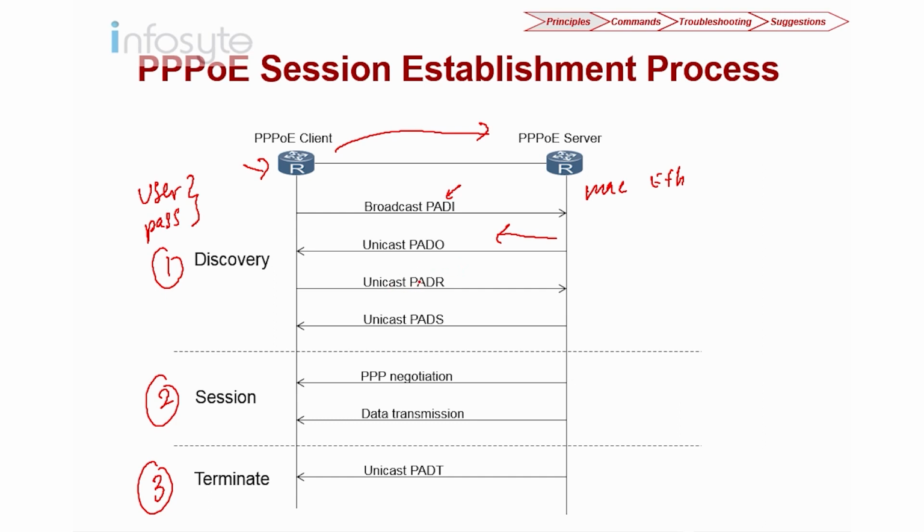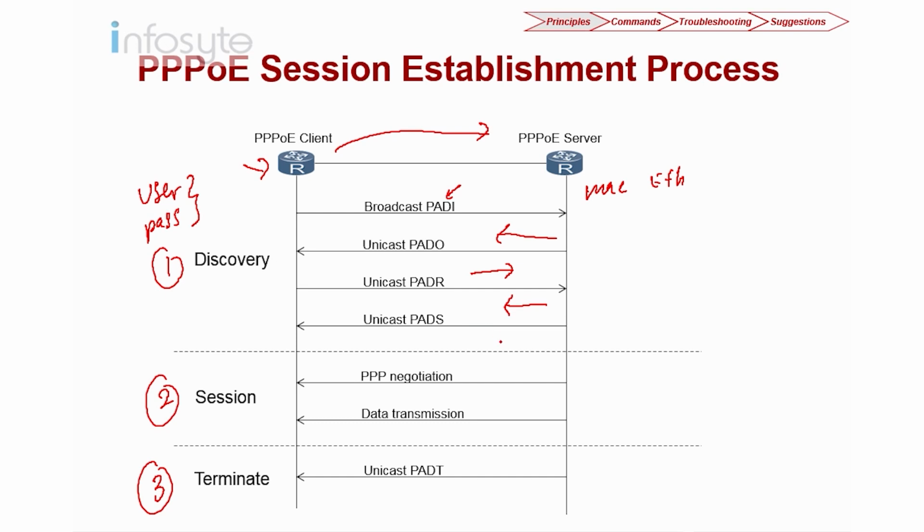Now once the client receives the offer, the client is going to send a request to the server stating that I'm actually requesting a PPPoE session. Now if the parameters are correct, then the PPPoE server is going to send out the session to the client. So this is where we have the PADI, PADO, PADR, and PADS.